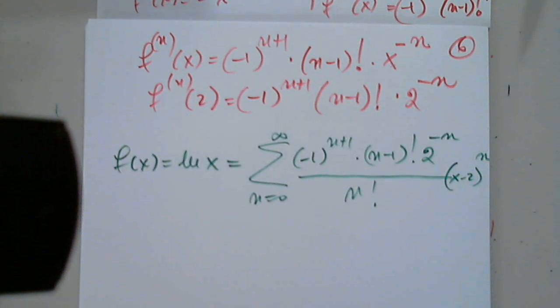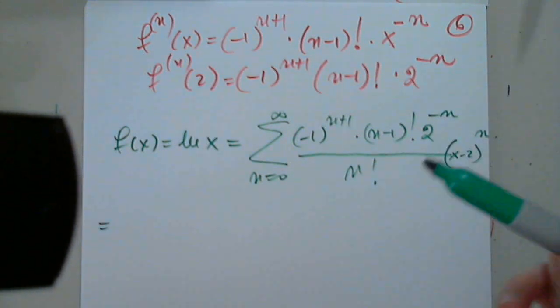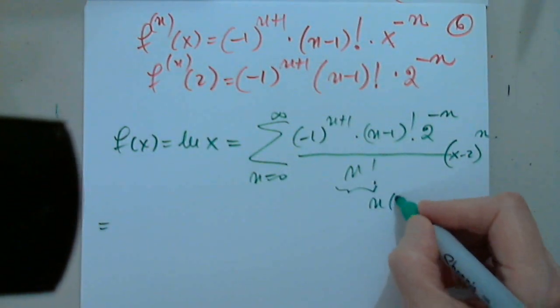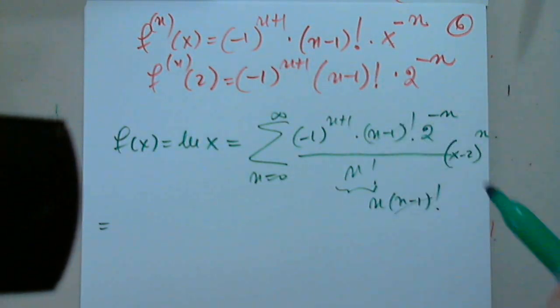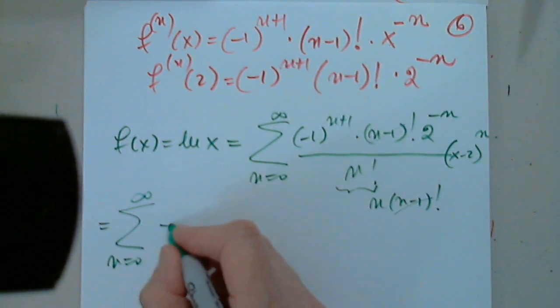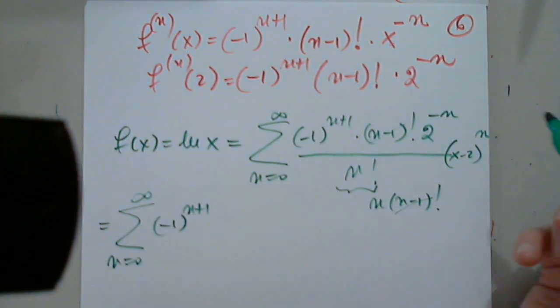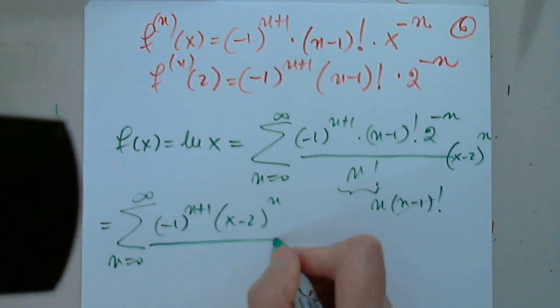Now we have to clean it up a little bit and find the radius of convergence. That's all we needed to do. Okay, so let's see how we clean it up. I will replace n factorial by n times n minus 1 factorial, so I can simplify these two. So the sum, n equals 0 to infinity, of negative 1 to the n plus 1, times x minus 2 to the nth power.